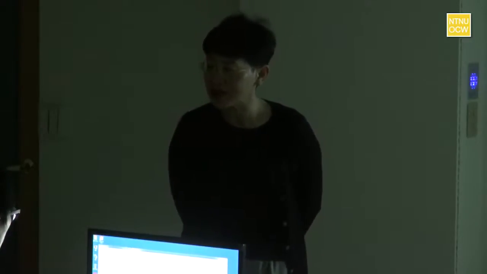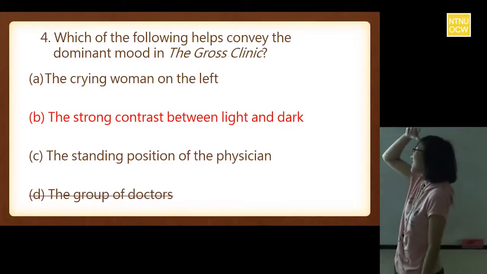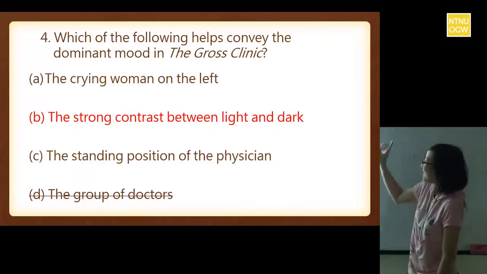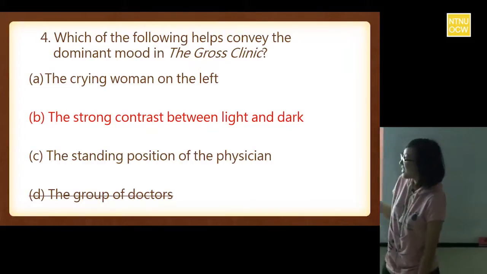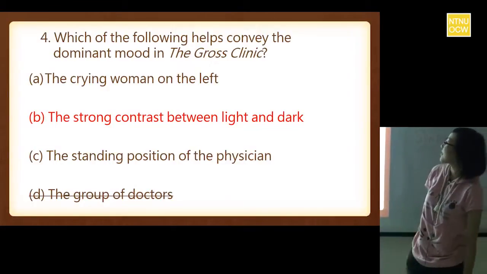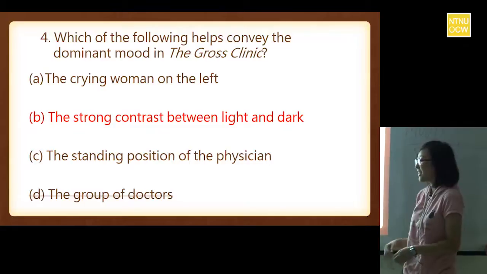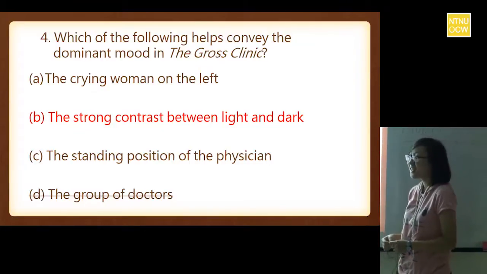So we got 12 questions in the PQ, right? Okay. This question is the hardest one. Can you read the question for us? Which of the following helps convey the dominant mood in The Gross Clinic? So what is the dominant mood in The Gross Clinic, Jia Shen?